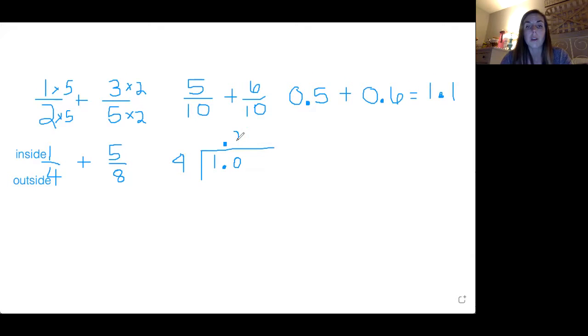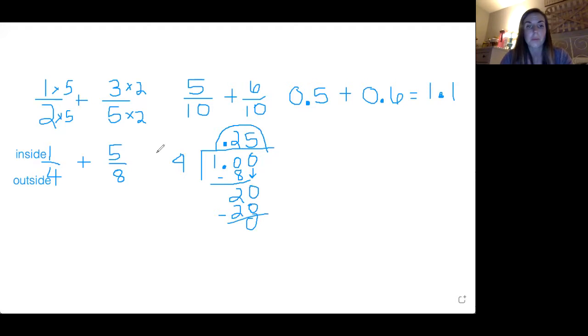Well, we know it goes twice. Make sure this 2 is above the 0 in your 10. 4 times 2 is 8. Subtract. Get a 2. So we need to add another 0 and bring it down. 4 into 20 goes 5 times evenly. So 1/4 in decimal form can be written as 0.25.